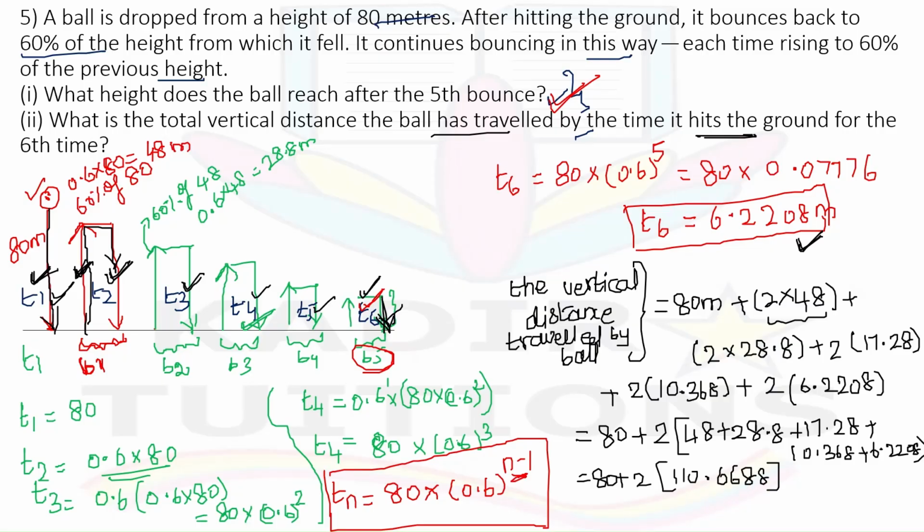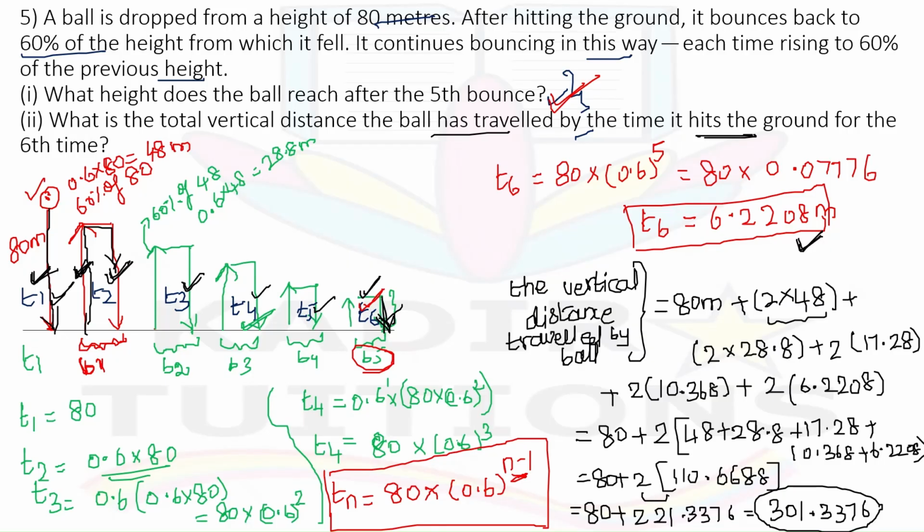Okay, so then we multiply by 2, and we will get 221.3376. After adding 80, we will get 301.3376. This much distance the ball traveled till it hits the ground for the sixth time. So this is the answer for our second question.